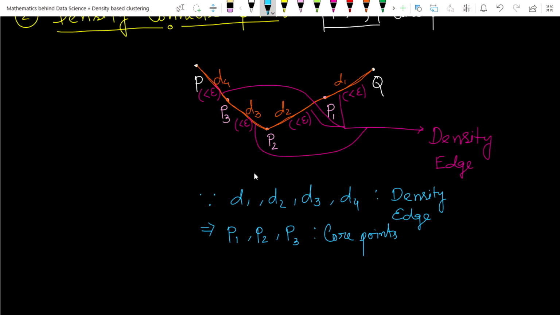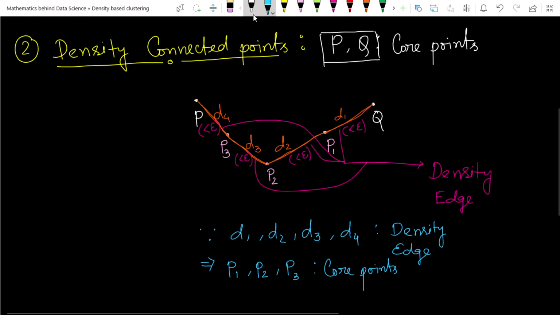Now the path that we have created here, this path I am talking about, I'm using this blue color. This path that we have created by simply using the density edges is called the density connected points.